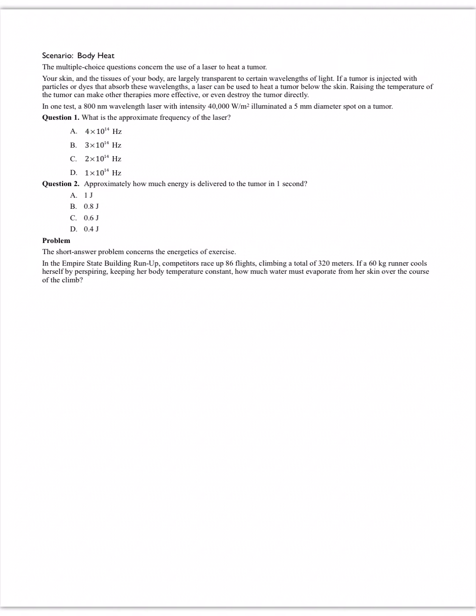The next one has to do with heat in a couple of different ways. First off, we imagine using a laser to heat a spot on a tumor. The first question asks, what is the approximate frequency of the laser? Well, for any traveling wave, the frequency is equal to the velocity divided by the wavelength. For a laser, it's visible light, the speed is 3.0 times 10 to the 8th meters per second.